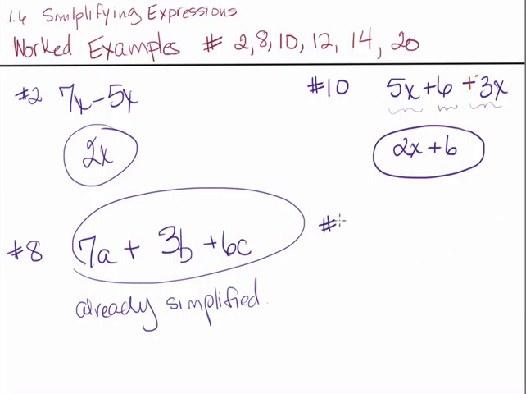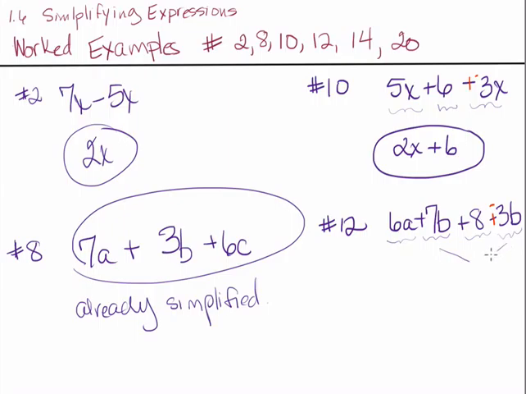Number 12. 6a plus 7b plus 8 minus 3b. Again, I have some terms that are like each other and others that are not. I have some a's, some b's, some 1's, and some more b's.